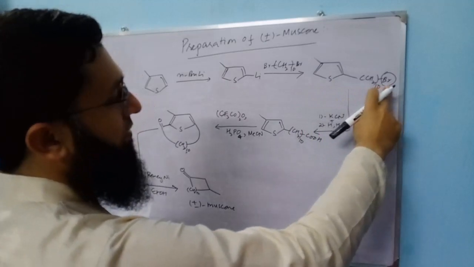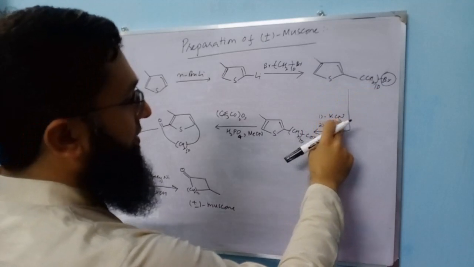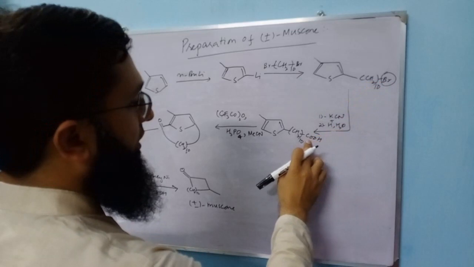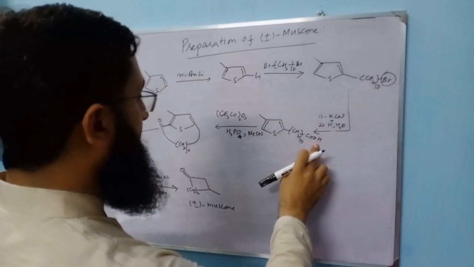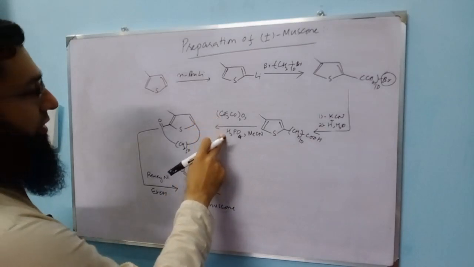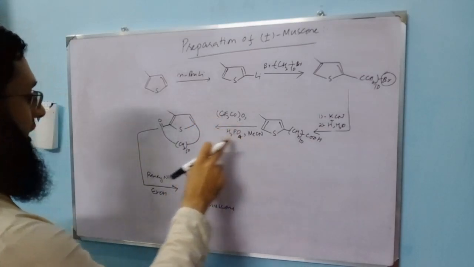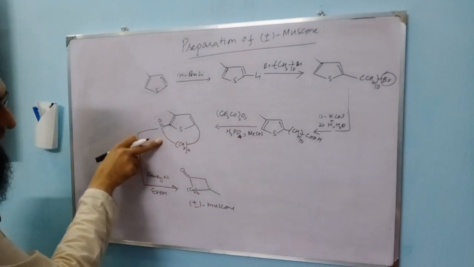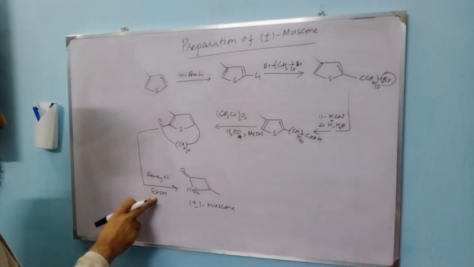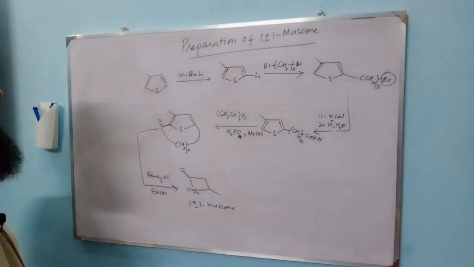This bromo group is replaced in the next step using cyanide, and this cyano group when installed here can be hydrolyzed using acidic conditions to get the corresponding carboxylic acid, and this carboxylic acid under these conditions, trifluoroacetic anhydride, phosphoric acid and acetonitrile, gives an intramolecular acylation reaction, and it can be further treated with Raney nickel in ethanol as solvent to give (±)-muscone as the product.